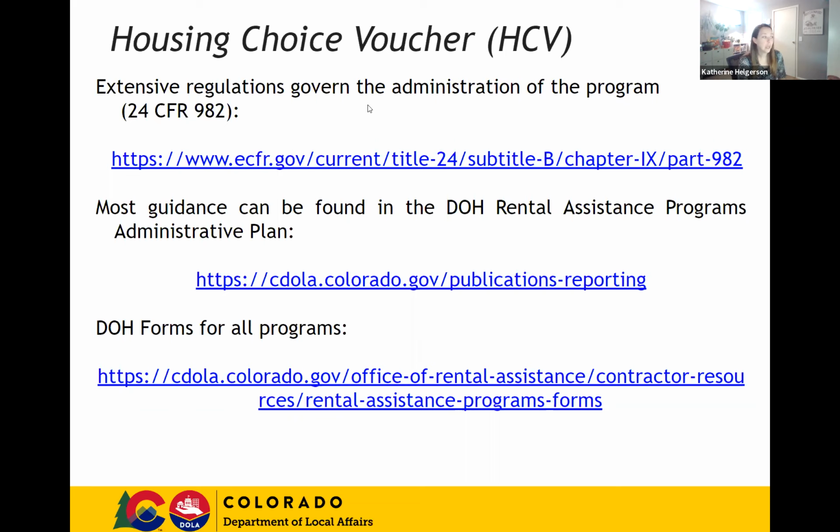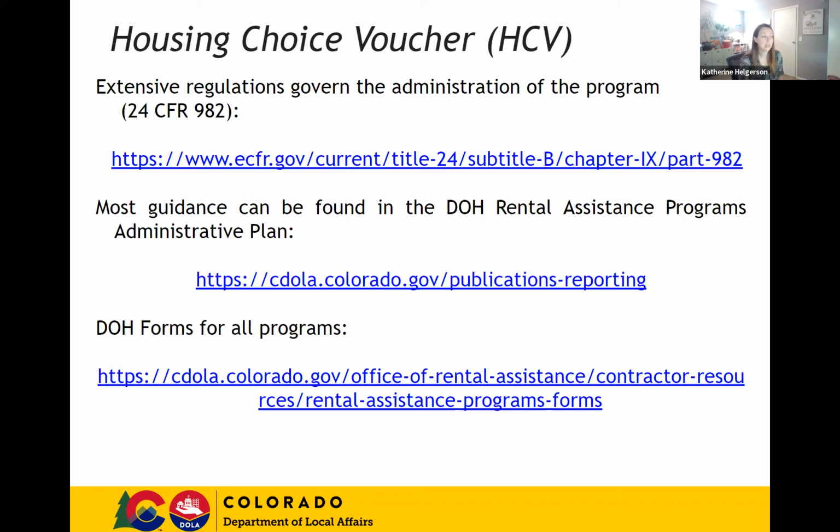But if you look at our admin plan, which is the second link, you'll see that we are obviously citing those federal regulations. In every policy and procedure that we come up with, we're citing those regulations. So those are two very important resources that we use in our program.